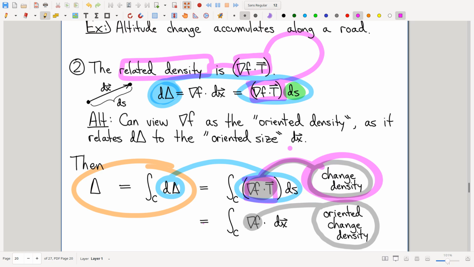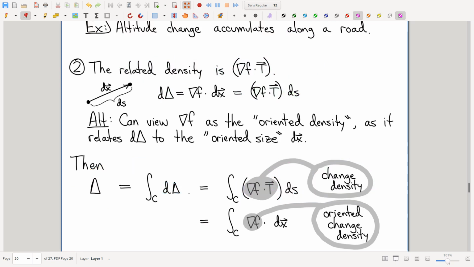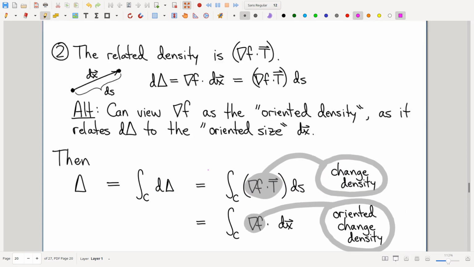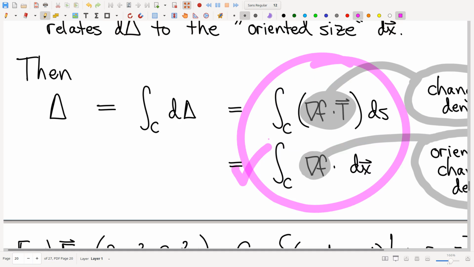The one little thing to fix, I guess you might say, is the notation. We tend to not write vector line integrals like this. It's convenient in certain contexts, but I really have a preference for writing it instead like this, keeping in mind that T ds is just dx.